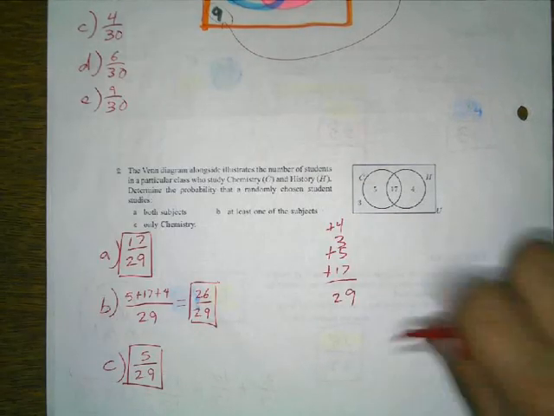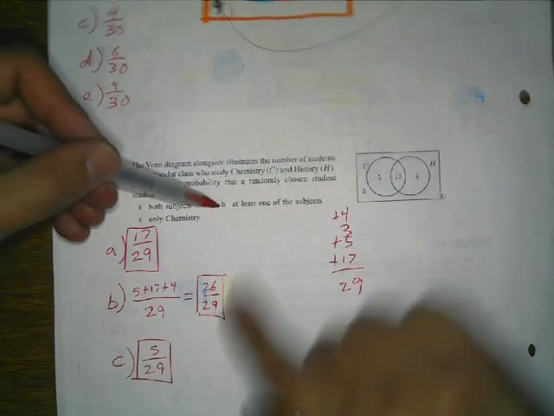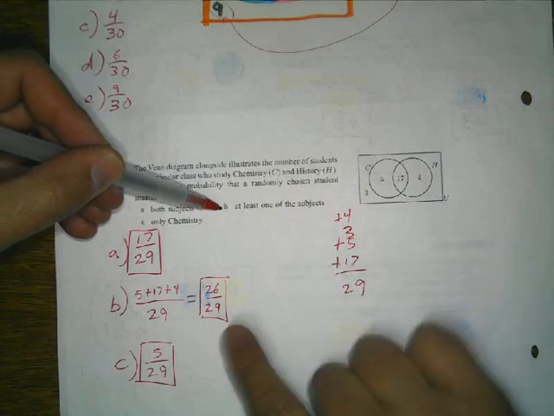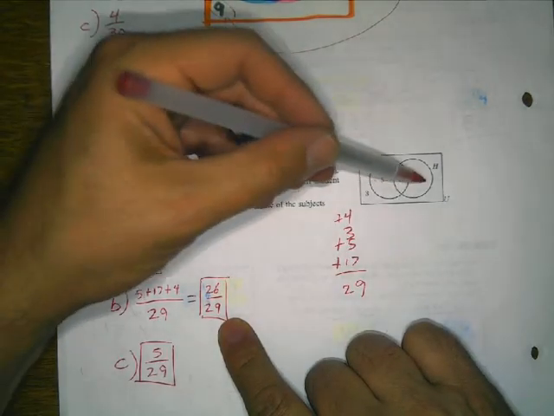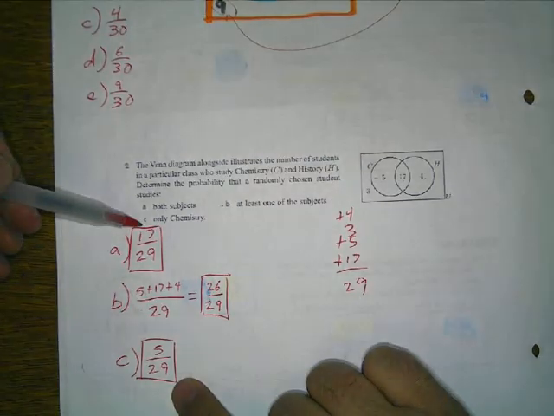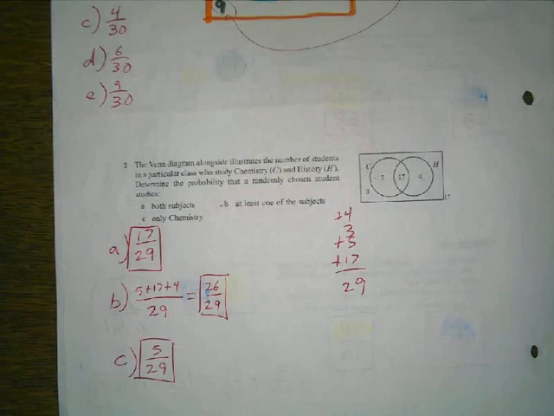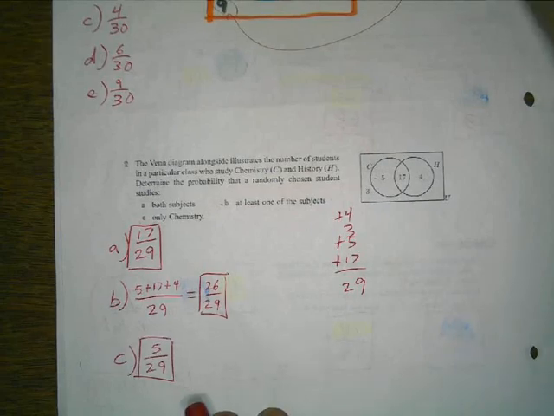Okay, adding all four of those gives me 29. Okay, question B. At least one of the subjects, 5 plus 17 plus 4. Okay, only chemistry, that's going to be the 5 here. Okay, you might want to hit pause and replay if you need more help on this one.